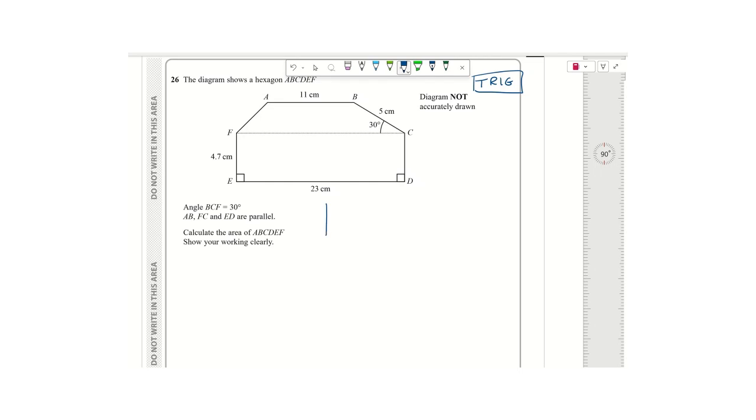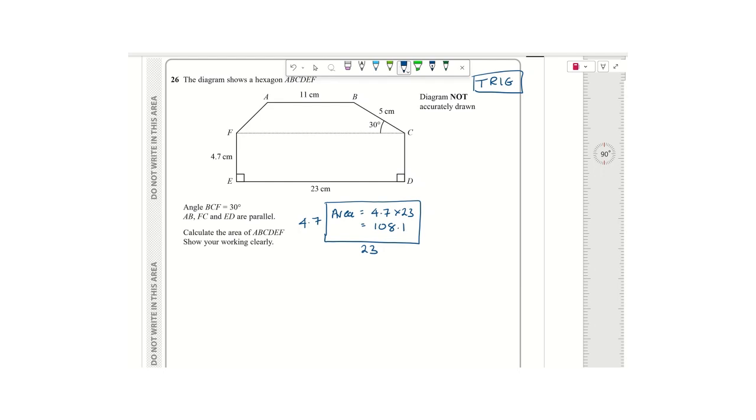So we've got the rectangle at the bottom, which, to be honest, even if you're not doing trig, you can do this part and it will get you a mark. So that's 4.7 and 23. So the area of that bit is 4.7 times 23, which is 108.1.